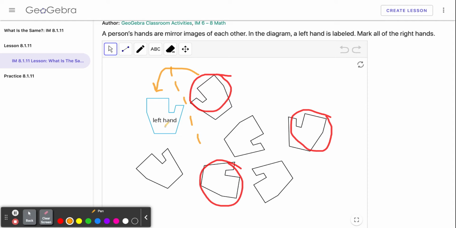Because if I was to flip the right hand onto the left hand, or the other way around, flip the left hand onto the right hand, we would end up with the exact same shape. They would be sitting on top of each other. And so we know that even though the left hand and the right hands look different, they could be rigidly transformed to end up as the same shape.